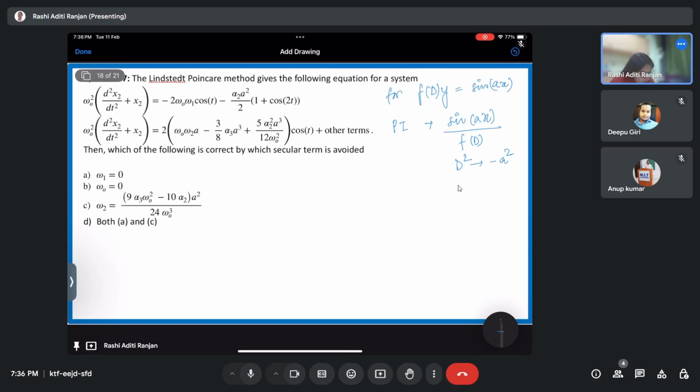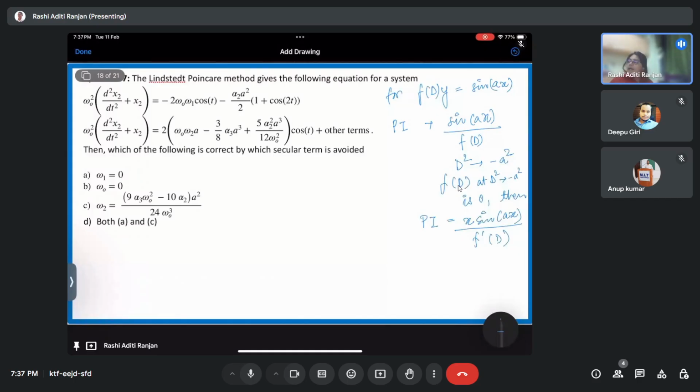Again, if my f of D with D square replaced by minus a square is 0, then my particular integral is nothing but x into sine of ax divided by f dash of D, right?